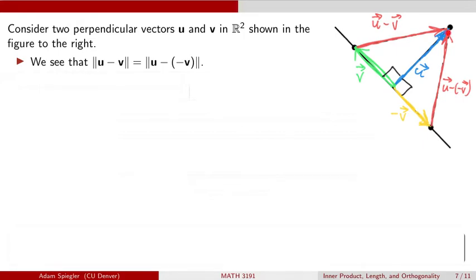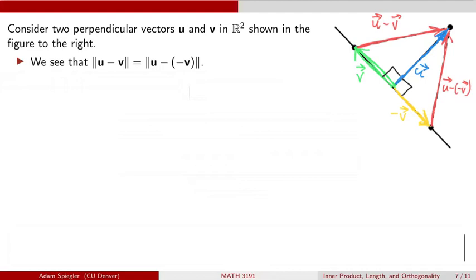And we can see here that the length of this side of the triangle, which is given by u minus v, and these two vectors that I've drawn in red, as a result of u being perpendicular to v, have the same magnitude.